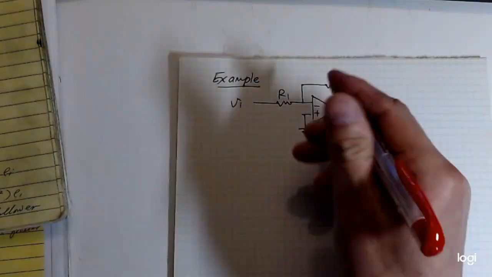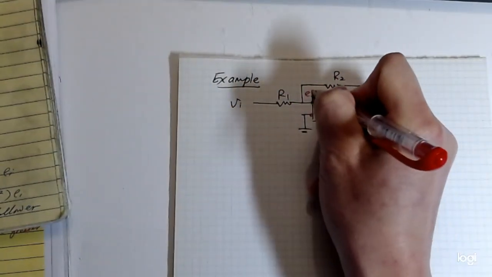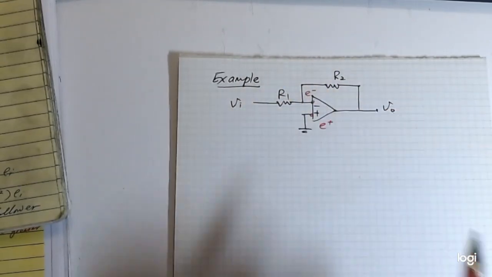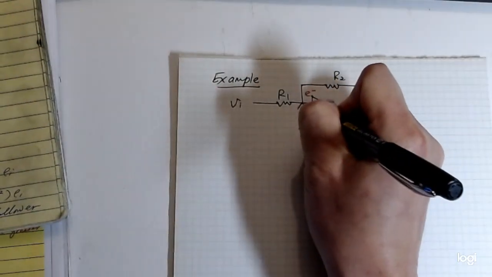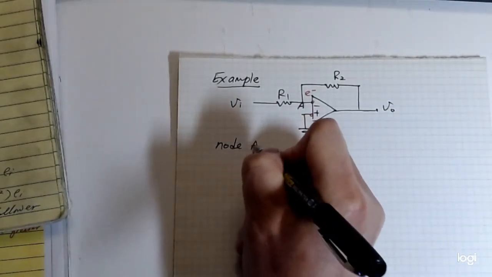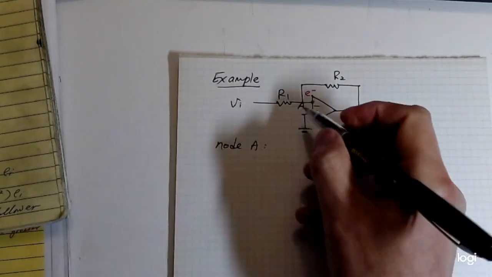So let's mark this point here E negative, and this point E positive. If I look at this point A, or node A, current in equals current out.